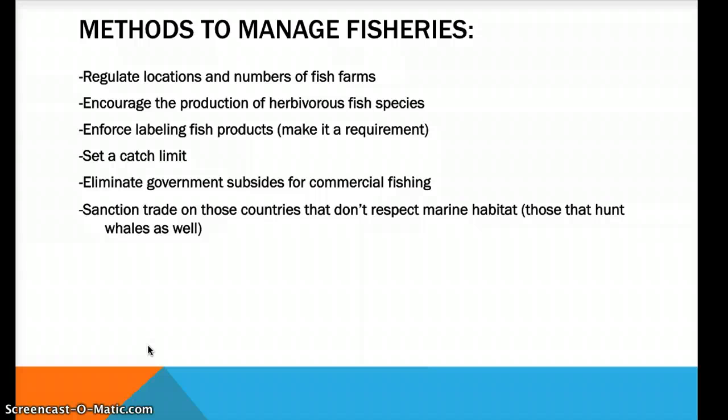So this includes regulating the locations and numbers of fish farms, encouraging the production of herbivorous fish species, enforcing labeling of fish products, so making it an actual requirement, setting a catch limit of how many marine species you're taking from the ocean, and also eliminating government subsidies for commercial fishing, as well as sanctioning trade with those countries that don't respect marine habitats. So for those countries who don't respect it, there shouldn't be any trade between countries.